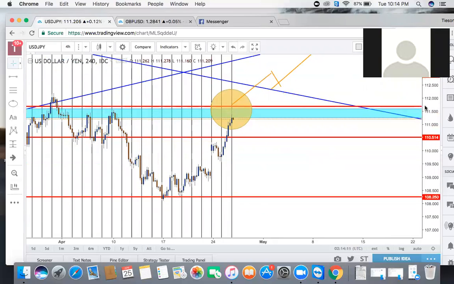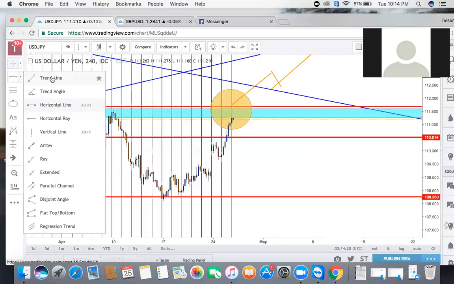So what's funny is, as you can see, price is being rejected by this zone that I have right here, and this is a 4-hour time frame.